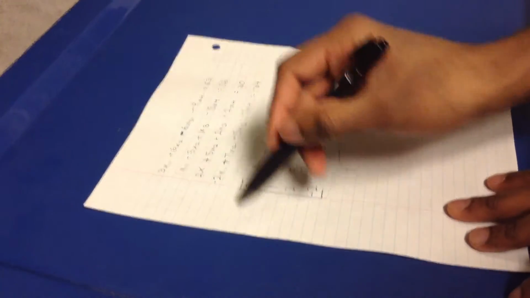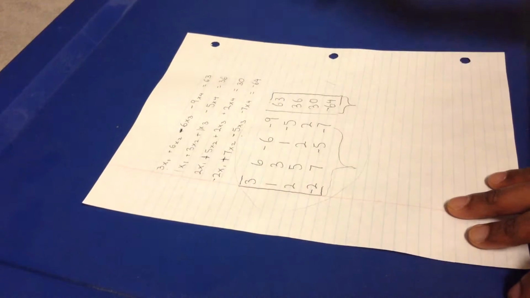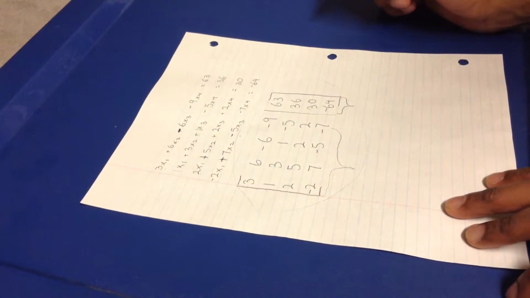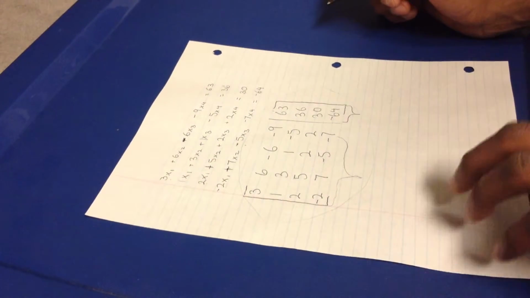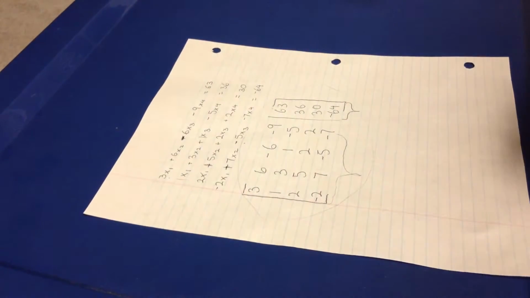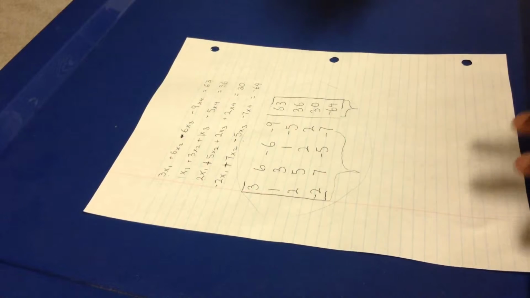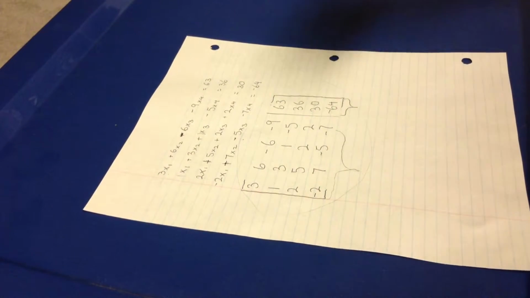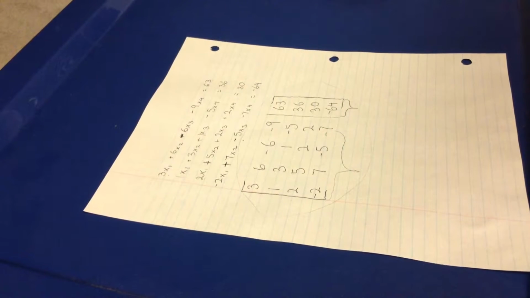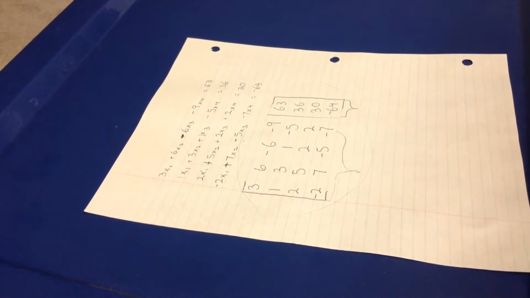In total, this whole thing is called the augmented matrix. In later videos, I will show you methods to get solutions for this. But what you need to know for now is that if you use Gaussian elimination to reduce the matrix, you can get one of these three solutions.